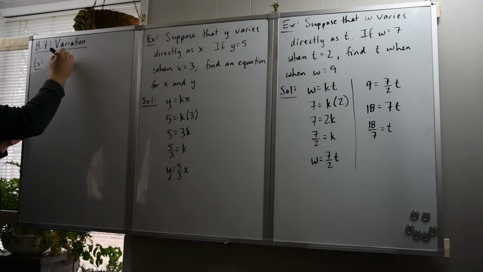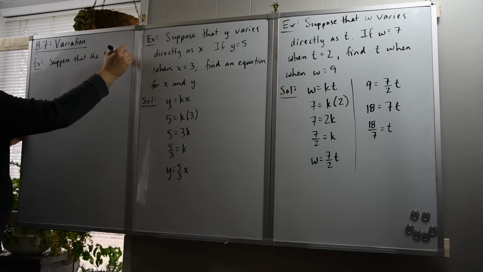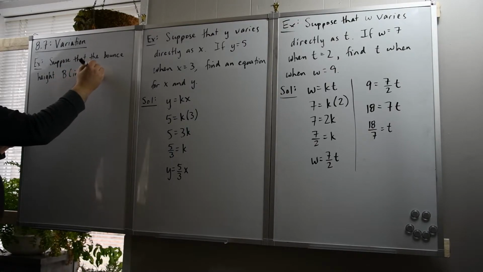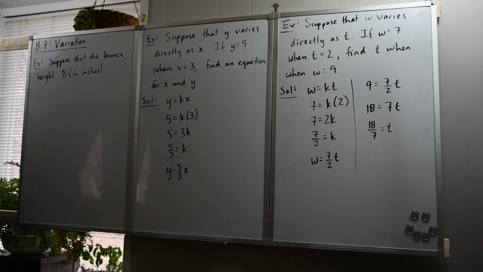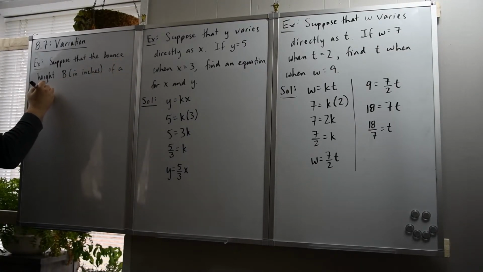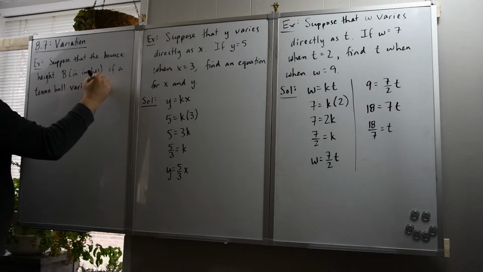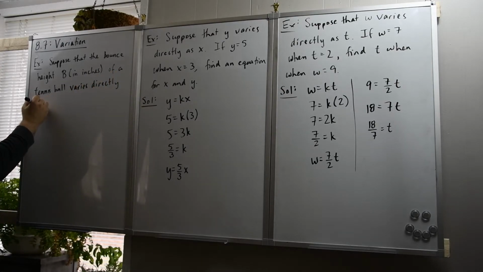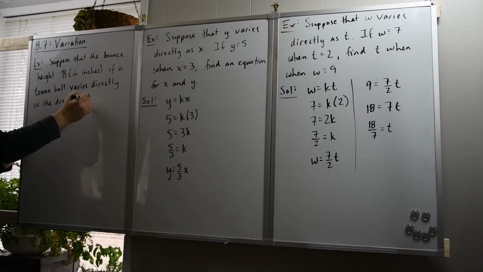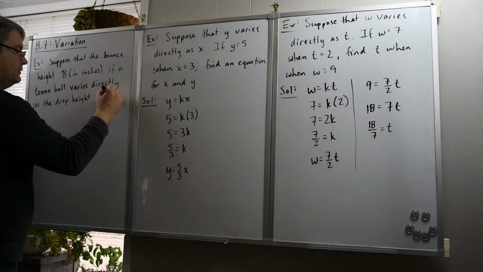So suppose that the bounce height B, which is going to be in inches, of a tennis ball varies directly as the drop height. And this drop height that we're going to use we'll call D, and it will also be in inches.